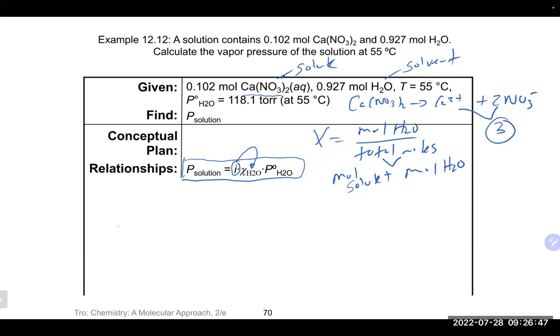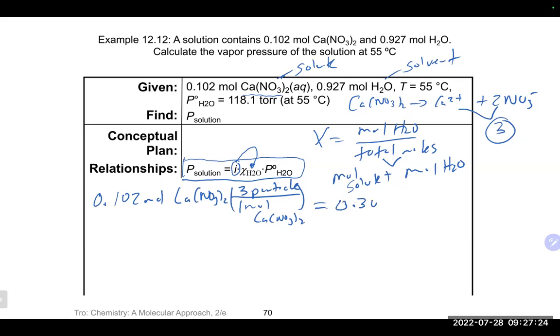You could do this relationship: we have 0.102 moles of our solute, and for every 1 mole of that solute, we get 3 moles of particles. So we need to multiply that 0.102 by 3, because when it breaks apart you get a 3-to-1 relationship. So 3 times 0.102, and that's where we incorporate the i into this problem.